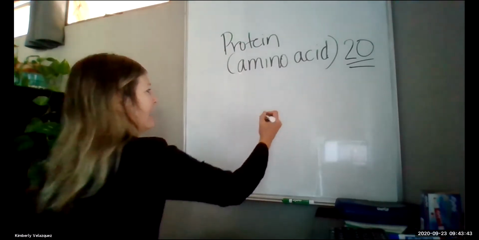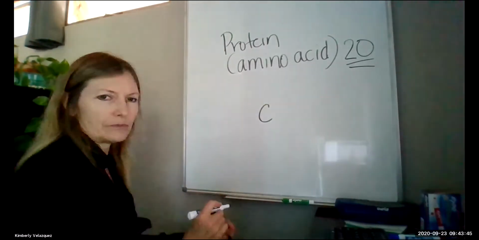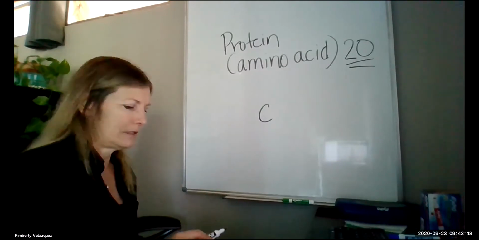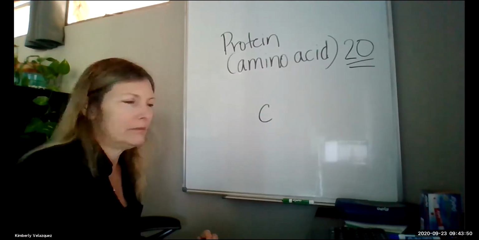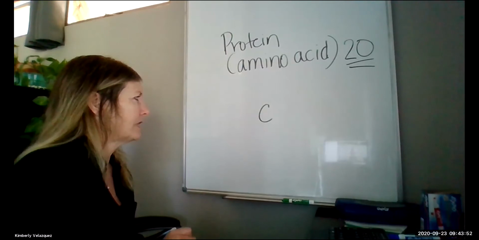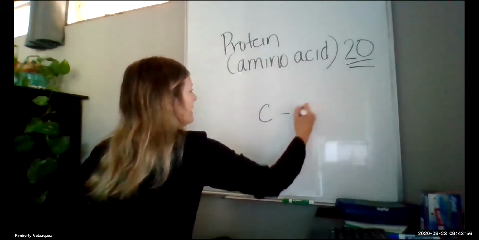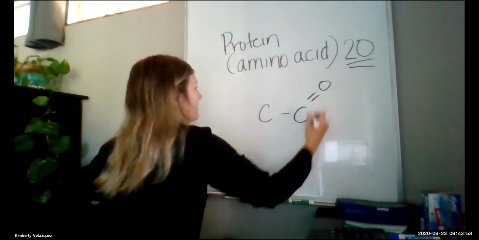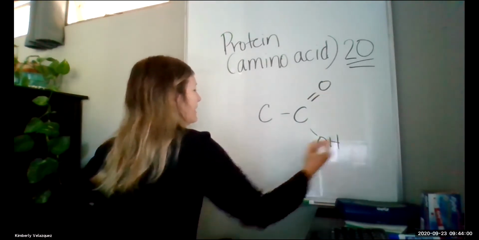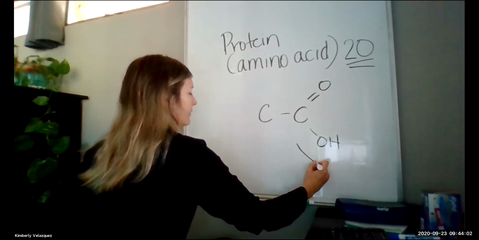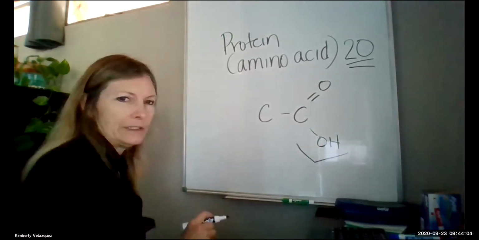And that is they all have a central carbon. It's often called the alpha carbon, but you don't need to know that. Just know there's a carbon in the center. And then this functional group, which we just saw, what's this functional group called?